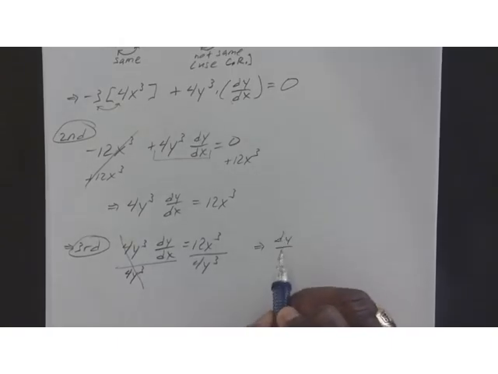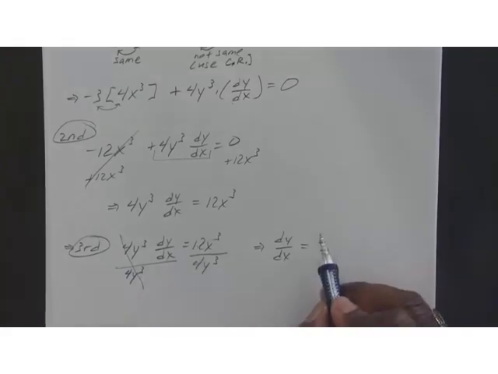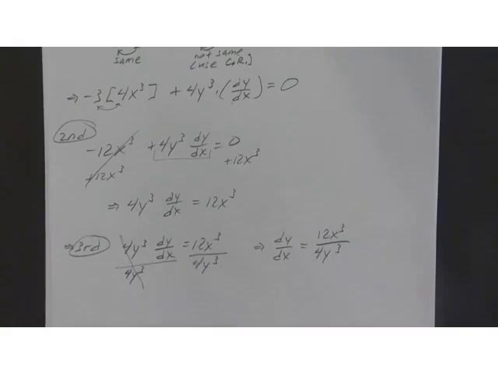So we know our dy/dx is equal to 12x to the third power divided by 4y to the third power.